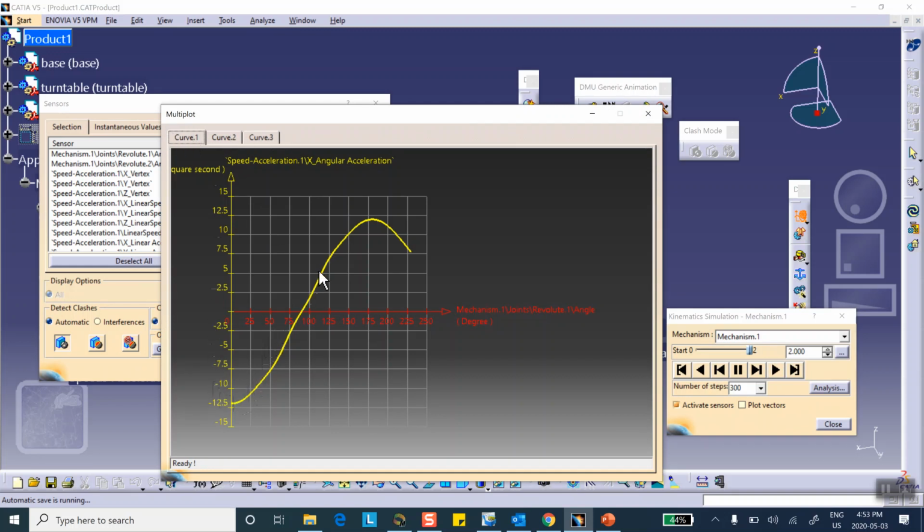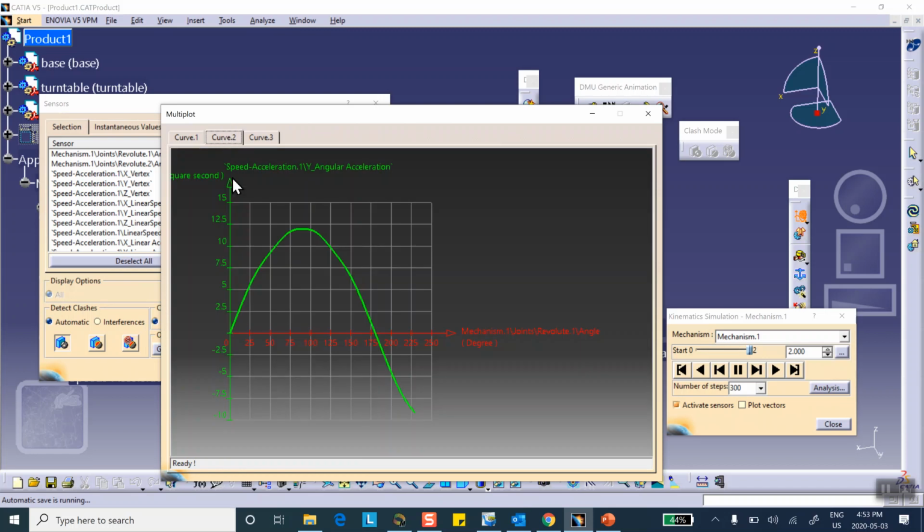This was the X component of acceleration, which is actually a cosine. You'll see in the next video segment, it is a cosine. The Y component is a sine. The magnitude of these, the height of it, is 12. Actually, this 12 is not by chance. It's the product of the angular velocity of the bar and the angular velocity of the turntable. 6 times 2 is 12.